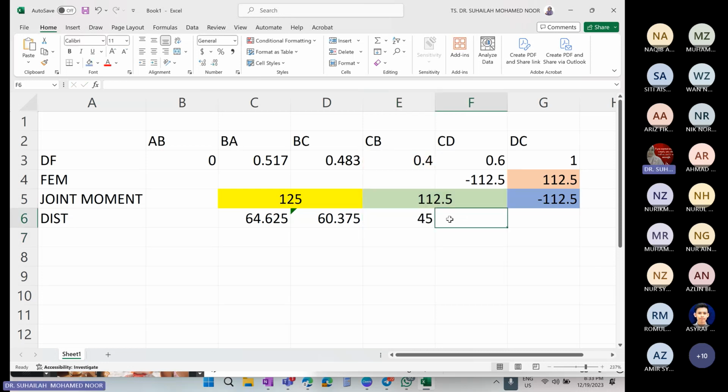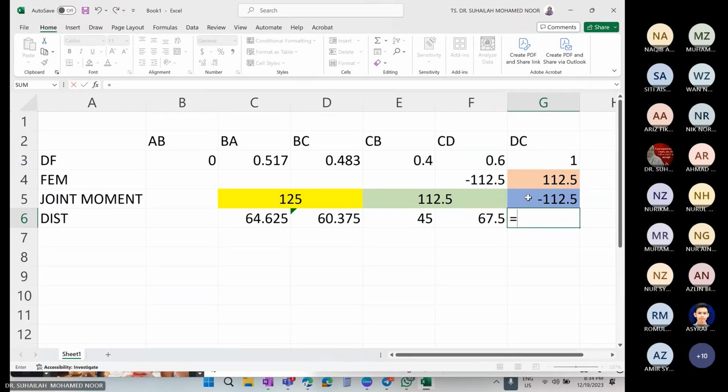So we get 45 and another one, 112.5 times the factor. And the distribution factor for DC is 1. So distribution here is joint moment times the factor.